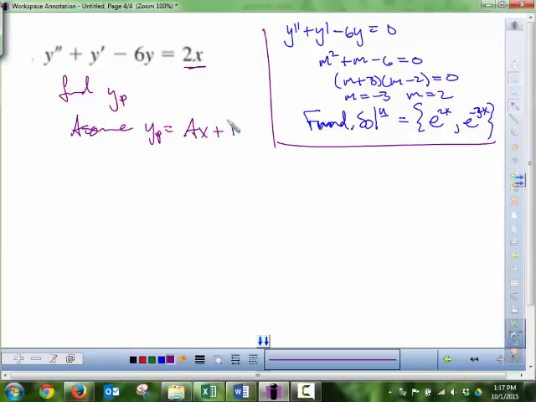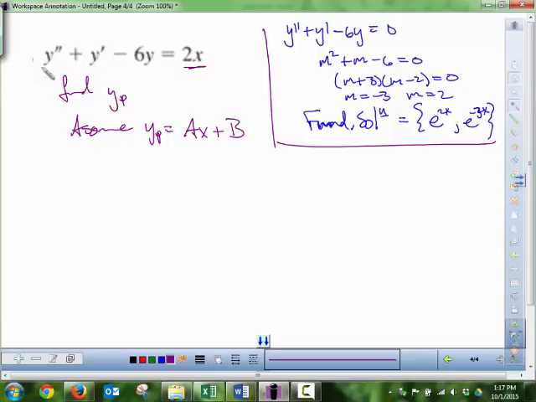If it's a linear term, which in this case it is, then we want your particular solution to have the form of a general linear term. So that includes this constant at the end. All right? So our task now is to solve for a and b.